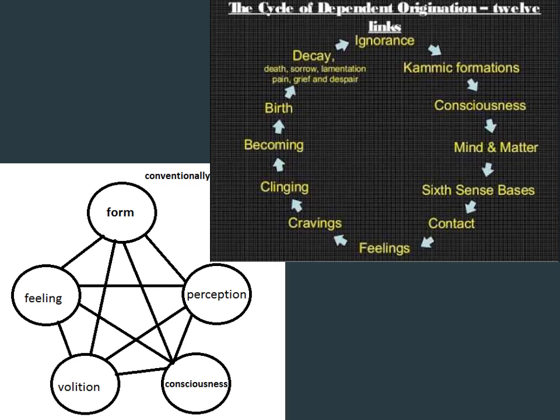So these two are important, right? One, in terms of analysis, breaking down into the 5 aggregates, and then another, linking up with causation, with causes and conditions to explain how everything comes together. So in the Abhidhamma, it does this too.